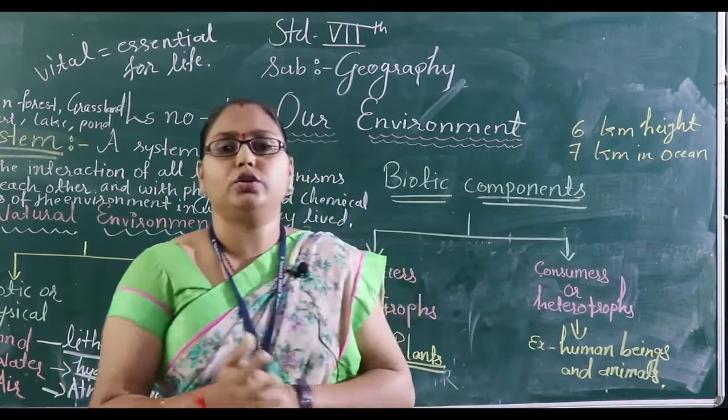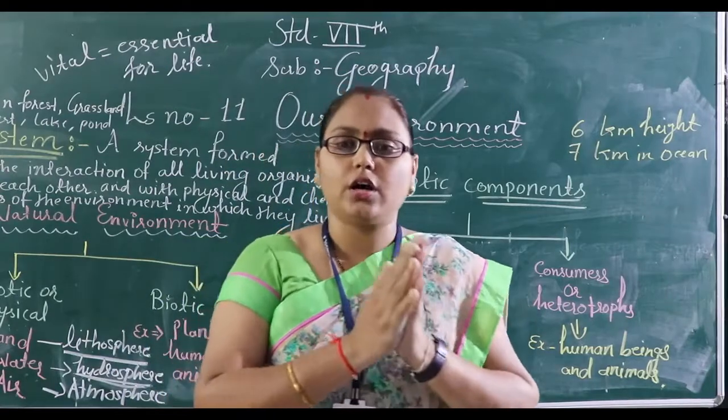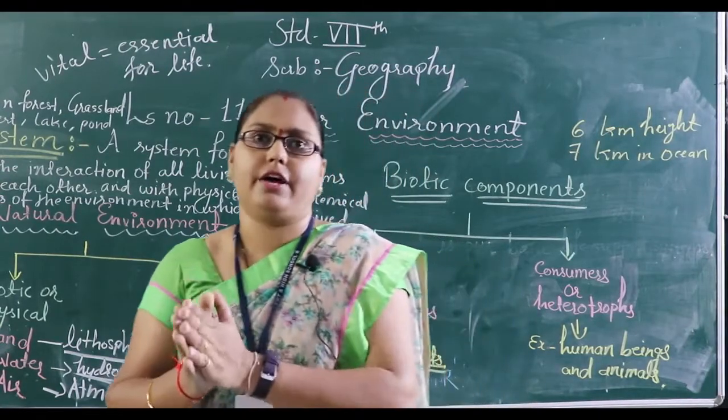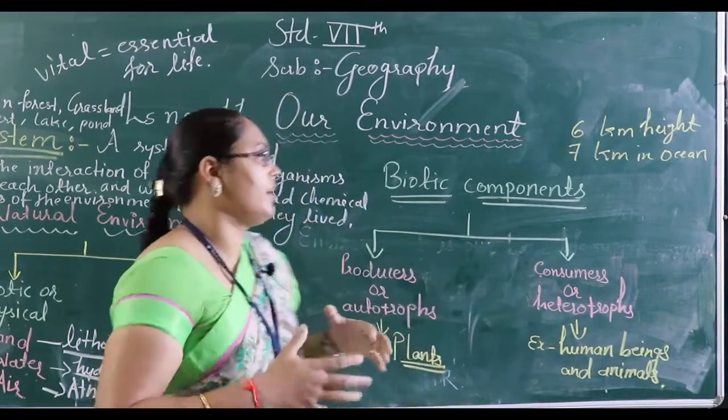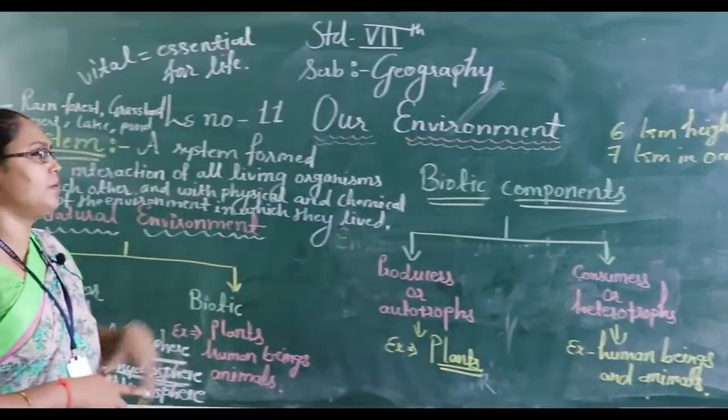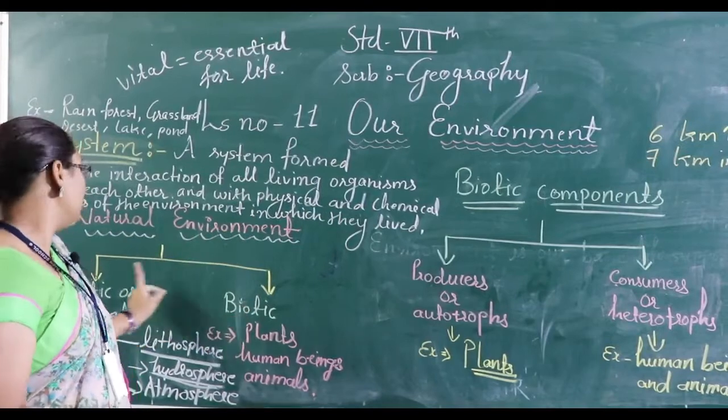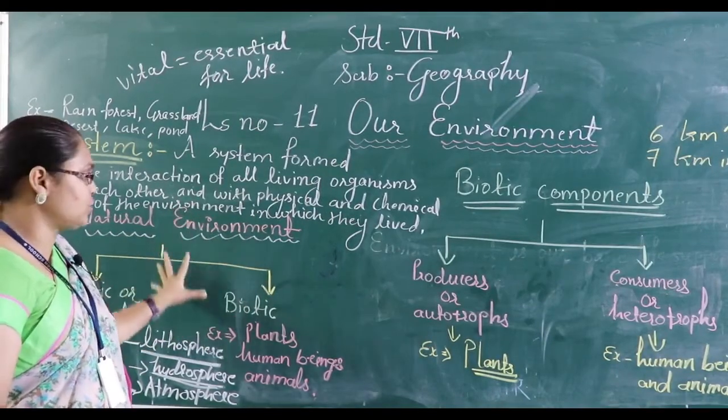Now we learn about the interaction between the components of the environment. Which two components? Biotic components and abiotic components, the parts of the natural environment.